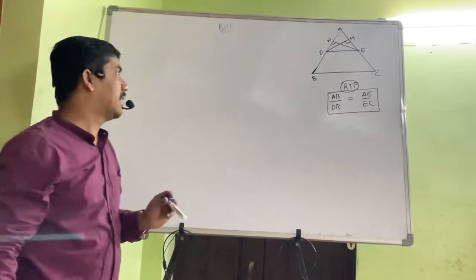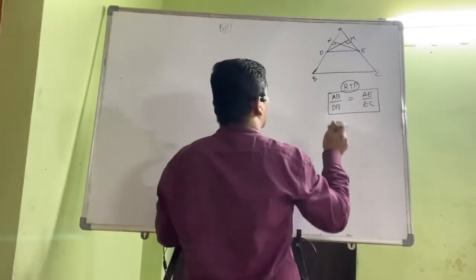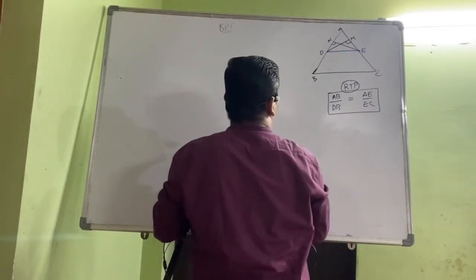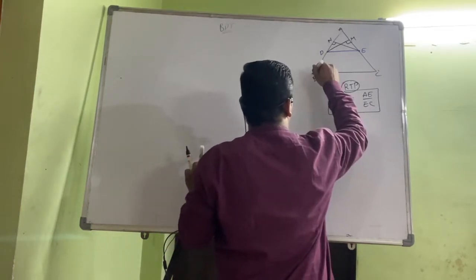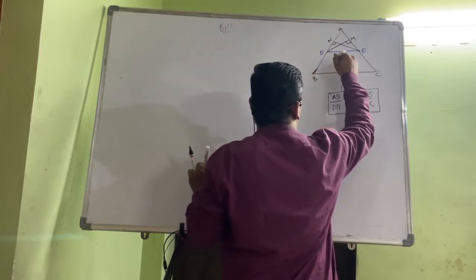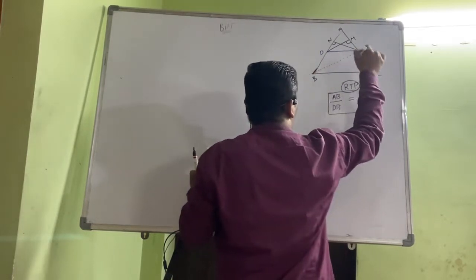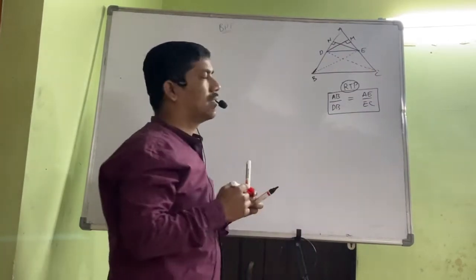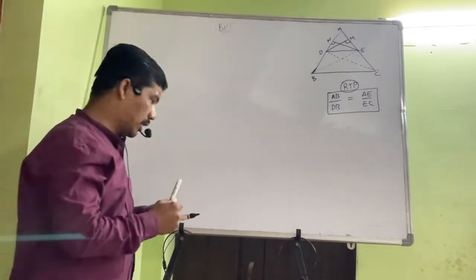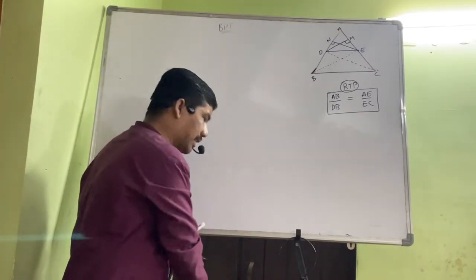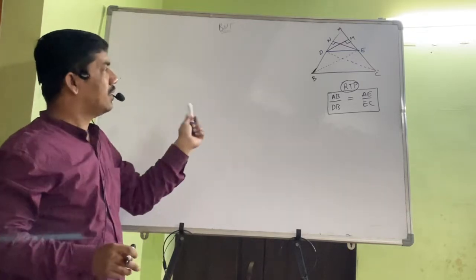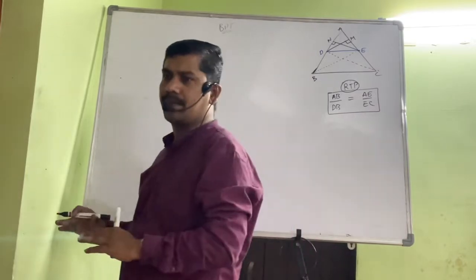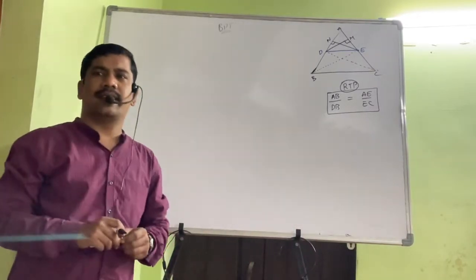And after that, you do this joining work. B and E you join, and D and C. Once you do these four steps, first drawing two perpendiculars, and then joining DC and BE, then we start our theorem.